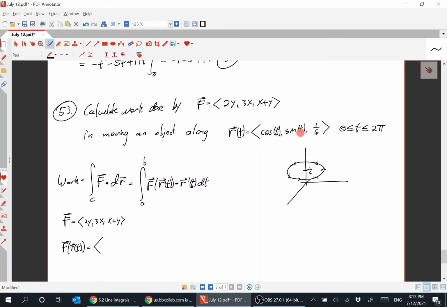That's the vector field F along the curve r of t. So it's 2y, so it's 2 sine t, comma 3x, that's 3 cosine of t, and then x plus y, cosine t plus sine t.